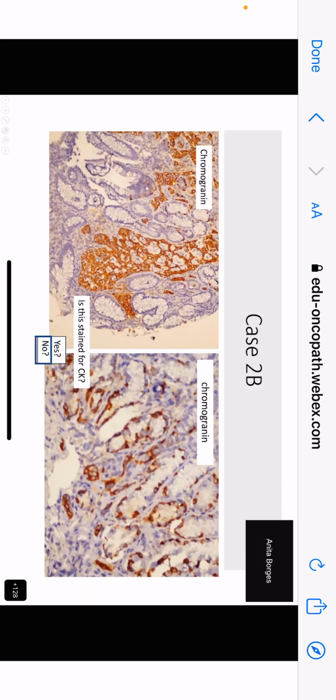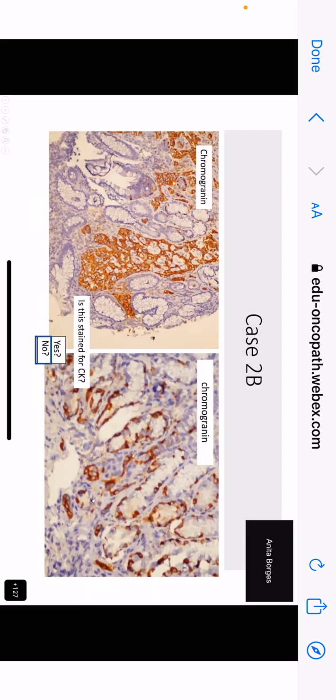You can see so many of the foveolar and glandular epithelium showing you more neuroendocrine cells than you expect, and small areas of these nests are also being stained by chromogranin. Has everybody got that now?